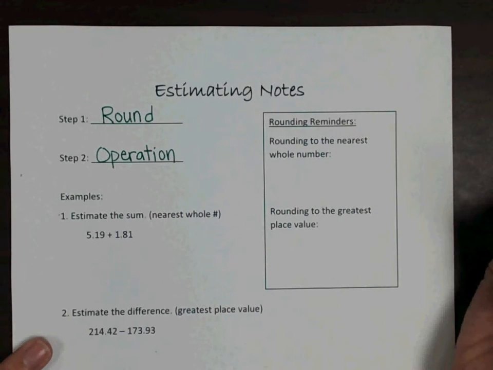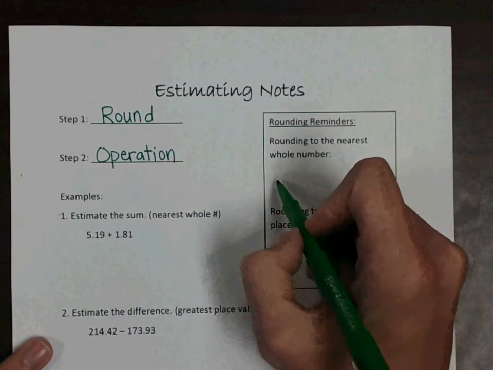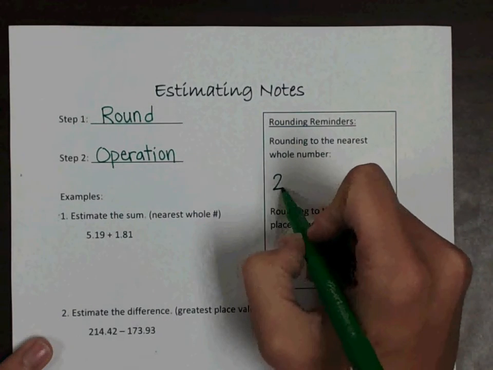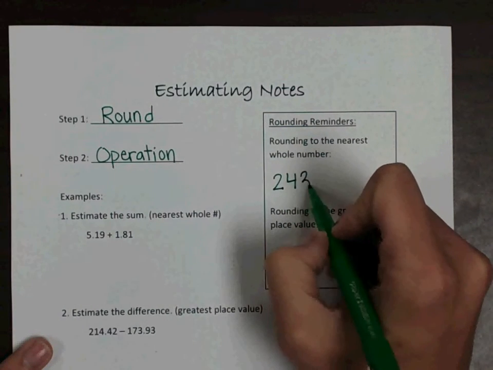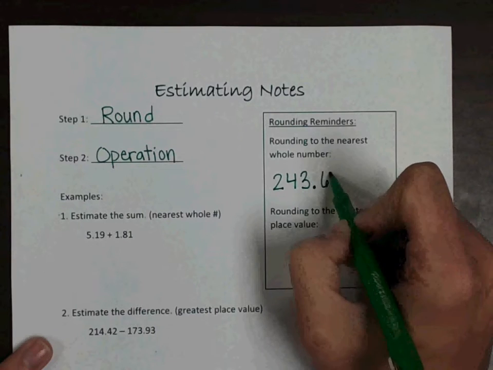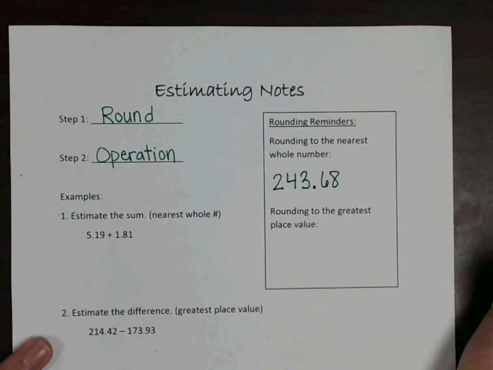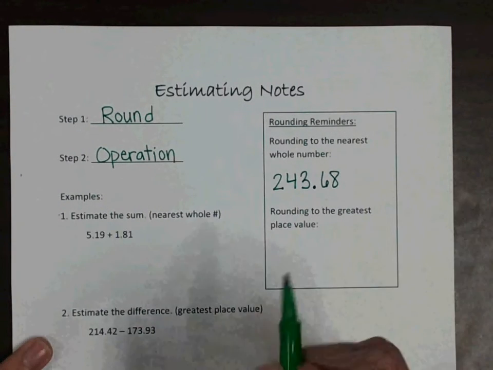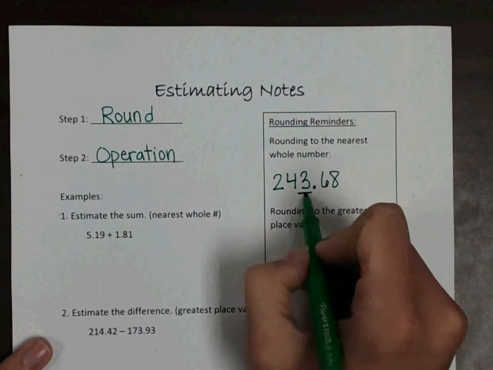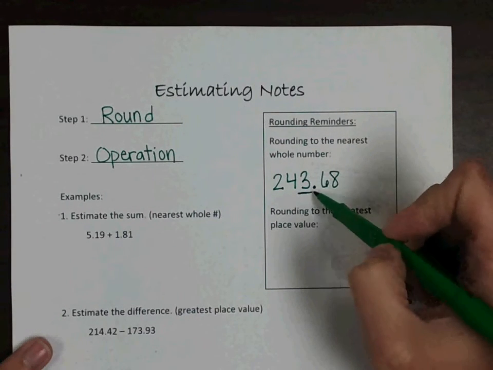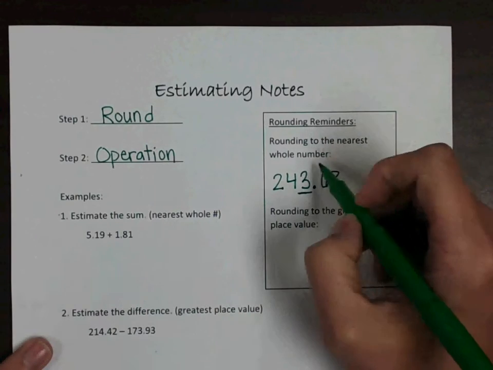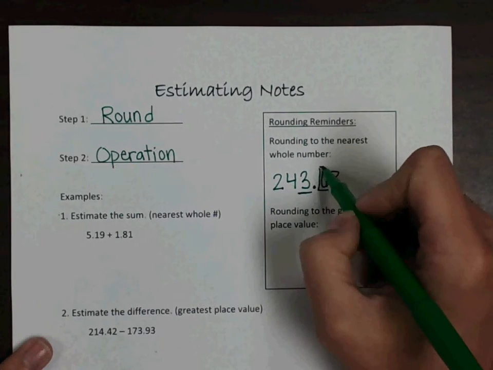If it says to round to the nearest whole number, say I had 243.68. If it wants the nearest whole number, that means this is the last number I'm going to have, because to have a whole number, I have nothing past the decimal.